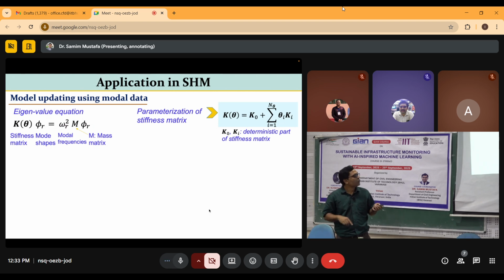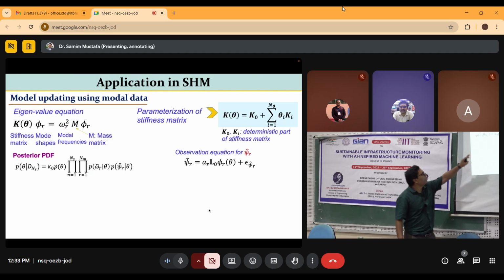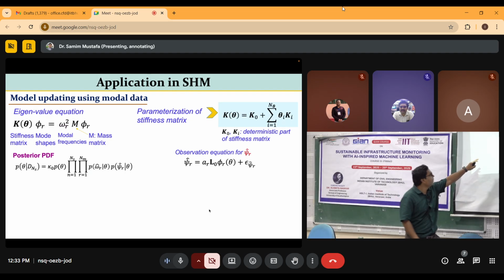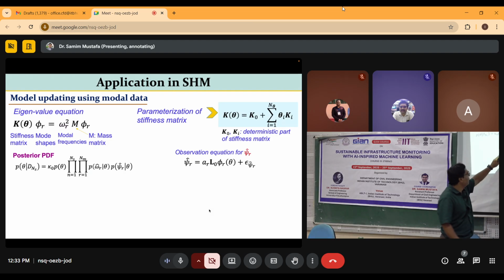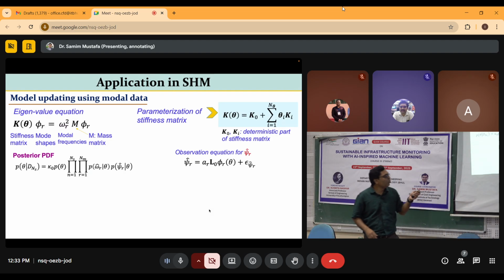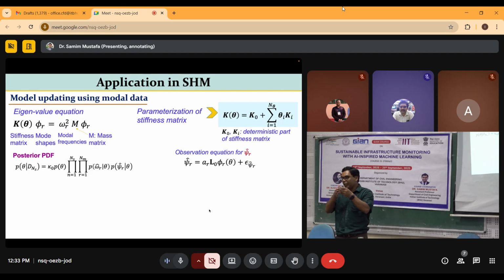Then your posterior PDF is obtained by just substituting this equation, meaning this is the likelihood function for the modal frequency and the likelihood function for the mode shape. Basically the likelihood function is the difference between the numerical prediction and the observed response. The likelihood function for natural frequency is the difference between the natural frequency predicted from the numerical model and your observed natural frequency from the measurement.